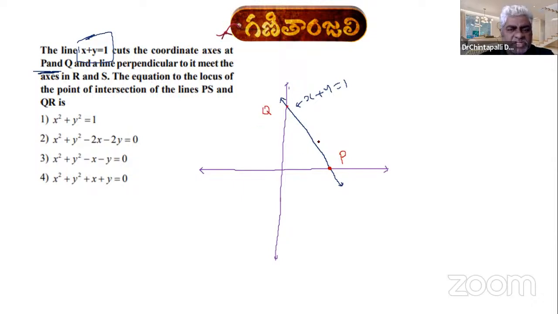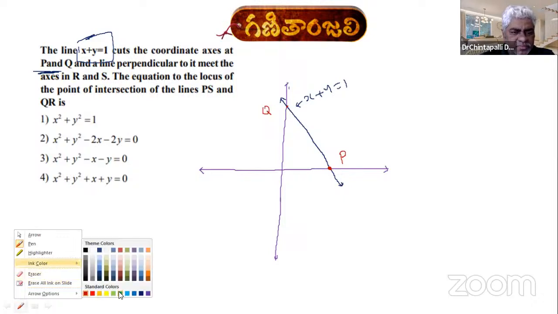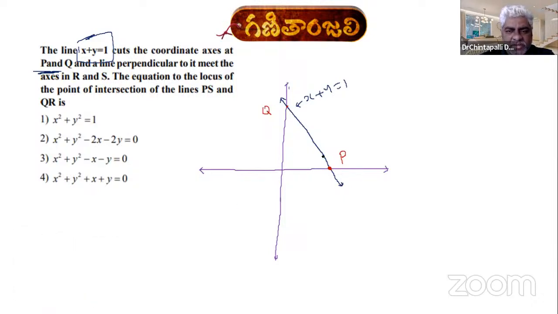And a line perpendicular to it is drawn. For example, it is a perpendicular line. A line perpendicular to it meets the axis in R and S. This blue line meets the axis at R and S. It is R. It is S. The equation to the locus of the point of intersection of the lines PS and QR.